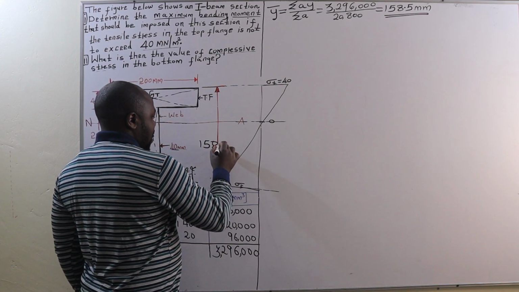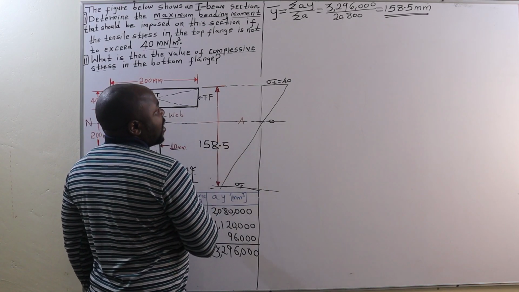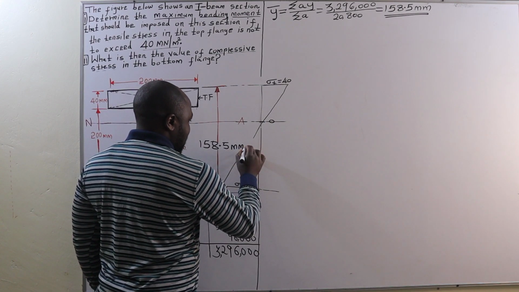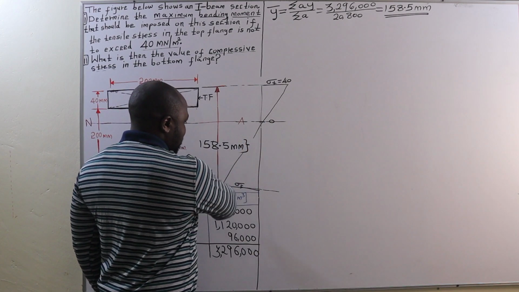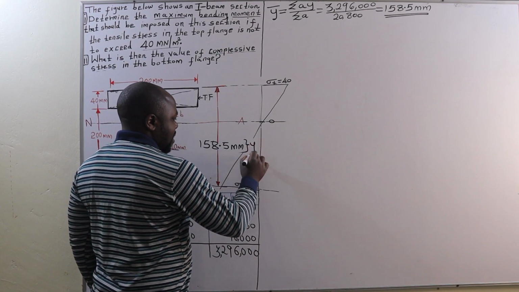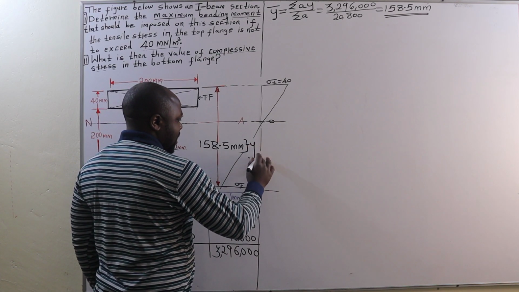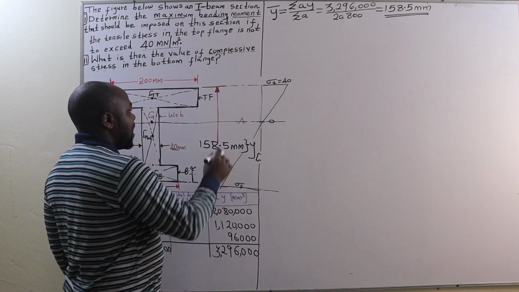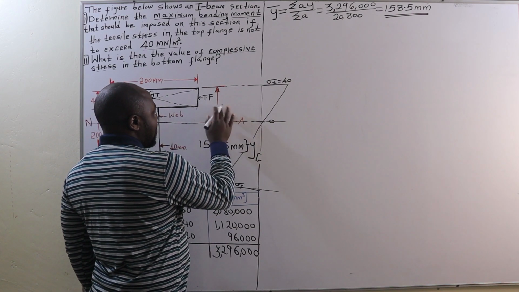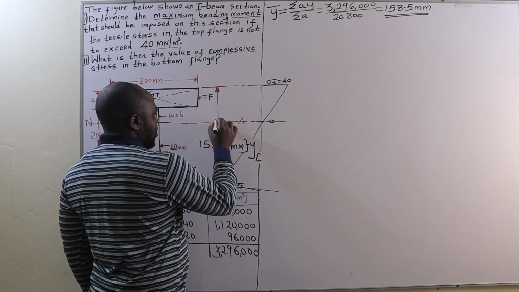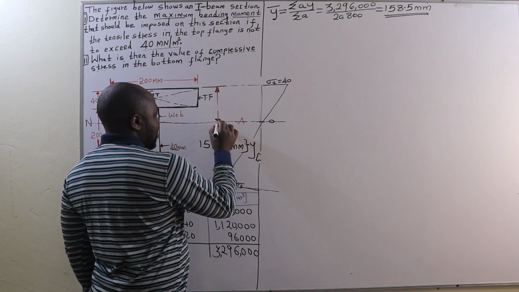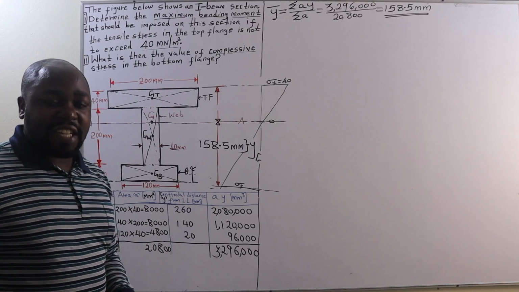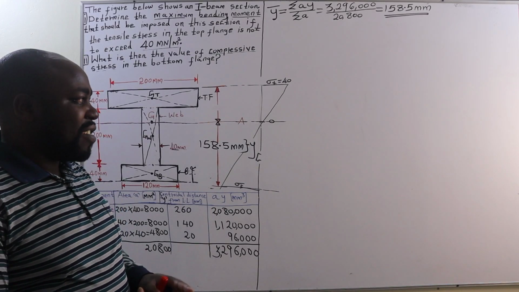Now, after determining the position of the center of gravity of this I-beam section, the 158.5 millimeters we call YC, because that is the section subjected to compressive stress. The section above the neutral axis we call YT, and it is subjected to tensile stress.